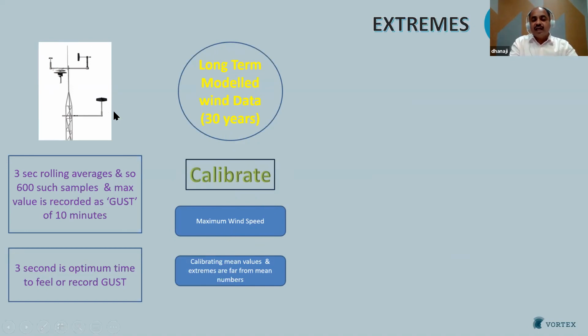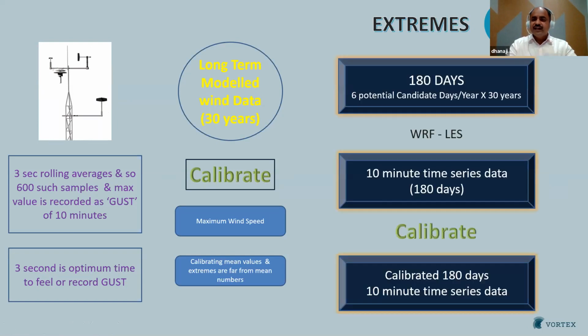And then we try to calibrate this long-term information by using metmast information. And we know the limitations of MCP tools, maybe the linear or matrix method. Usually these tools are focused on the calibration of mean speed, and extremes are far away from the mean speed number. Then we came up with this product, which we call Extremes.